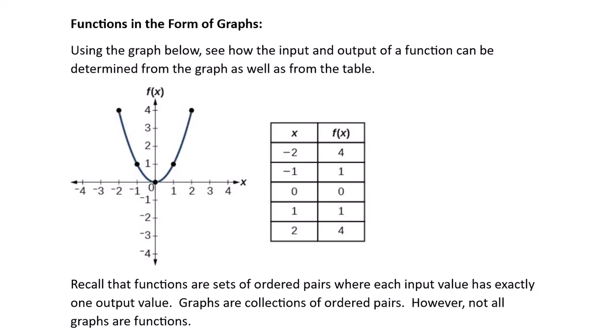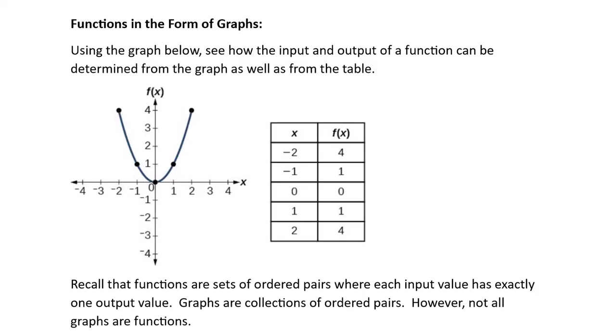Every x goes to exactly 1 y. You don't see any repeated x values. Now, as we mentioned before, we have repeated y values, and that's okay. In this function, we put in a -2 and get out a 4, and we can put in a 2 and also get a 4.